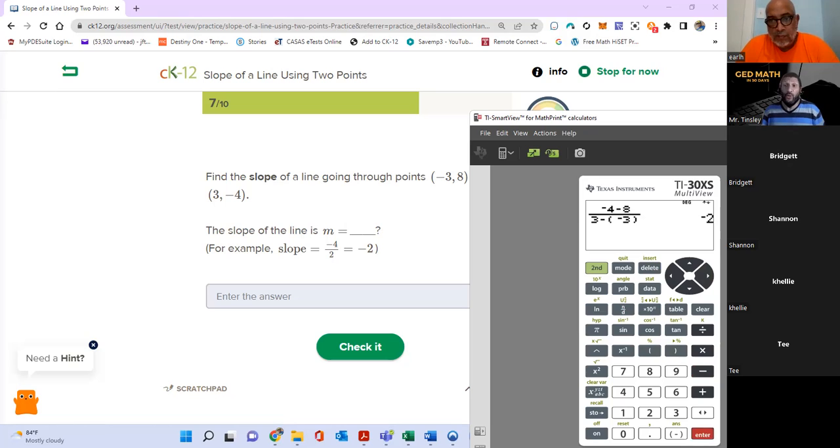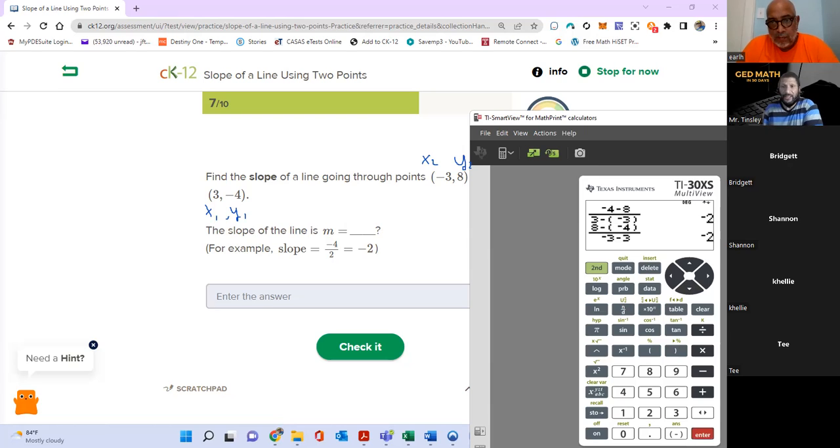But watch this. I'm gonna do it the other way. Second, 8 minus a -4. So what I did here is I took this as y2. This is x2. This is x1. This is y1. So I did 8 minus a -4 over -3 minus 3.